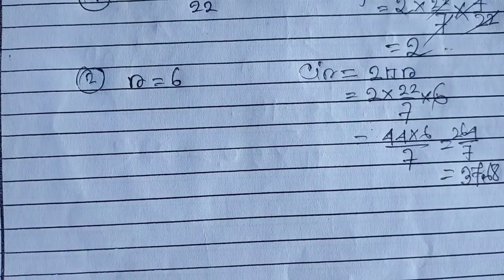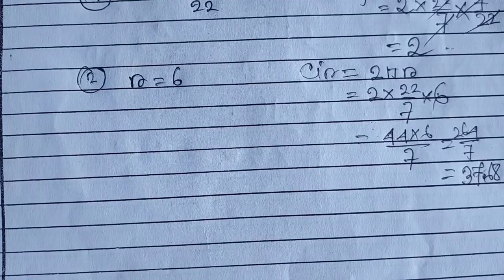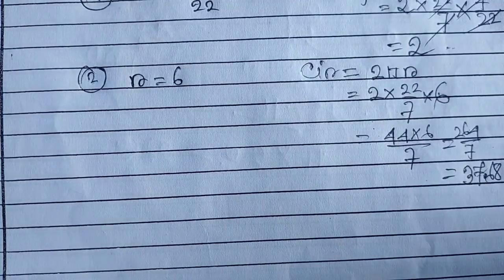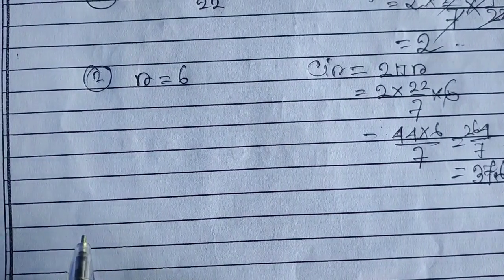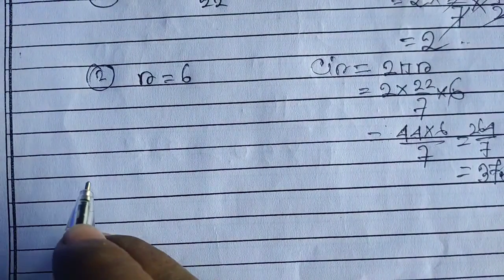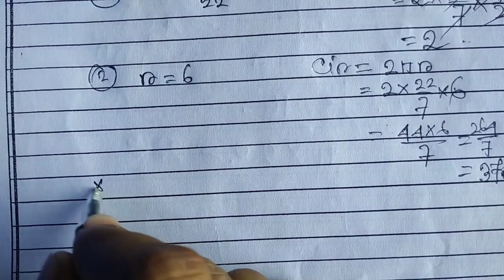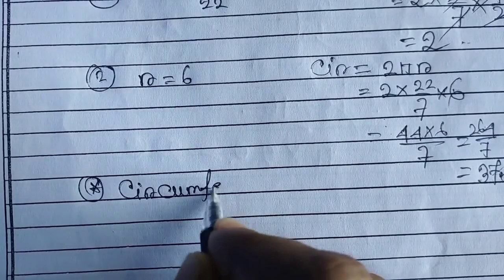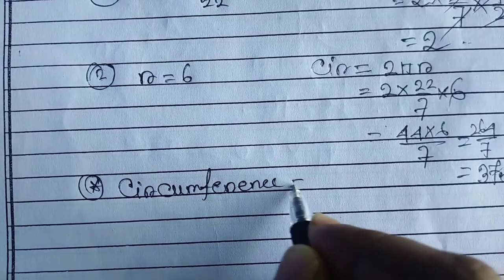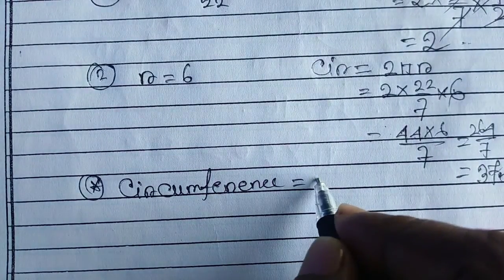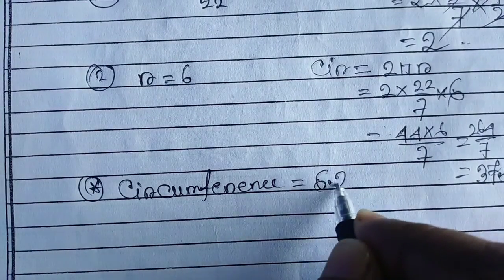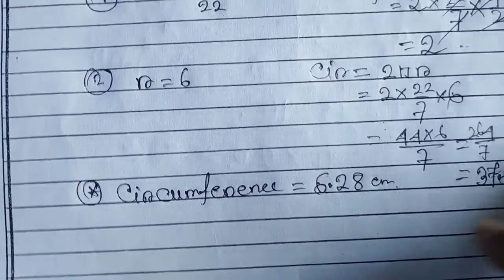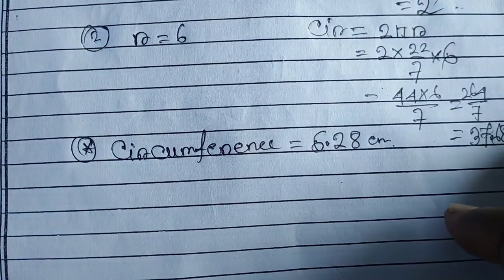Okay. Now in a similar way, just try to find the diameter and radius of a circle when the circumference is given. So the circumference is given here, equal to 6.28 centimeter. So you have to find the diameter and radius.